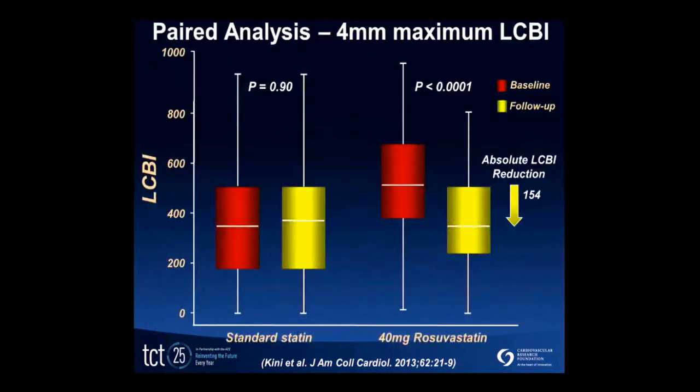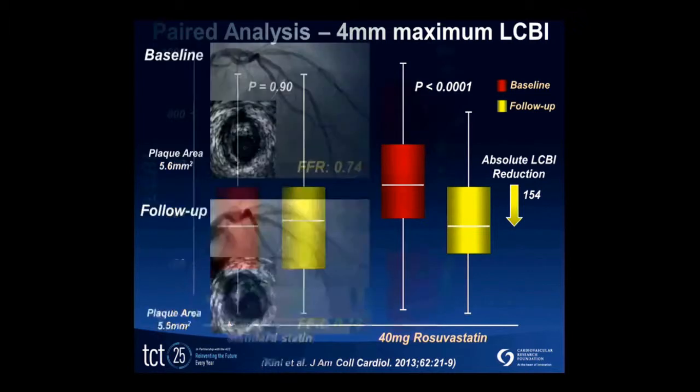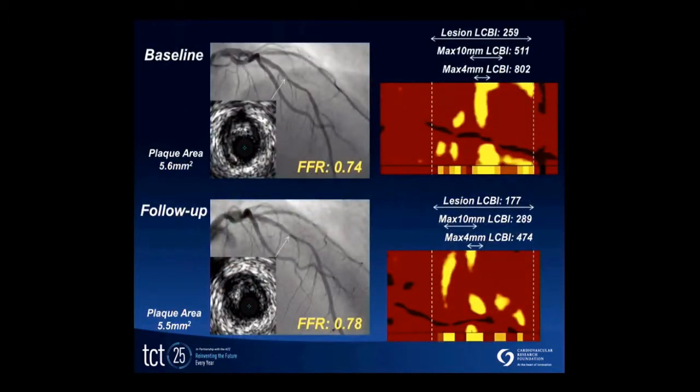And although there were differences in baseline shown by the red bars, you can see that with standard statin therapy, the amount of lipid core burden index did not change, while with 40 milligrams of rosuvastatin, a much more aggressive pharmacologic approach, there was an absolute reduction in lipid core plaque, and that was shown here in this clinical study.